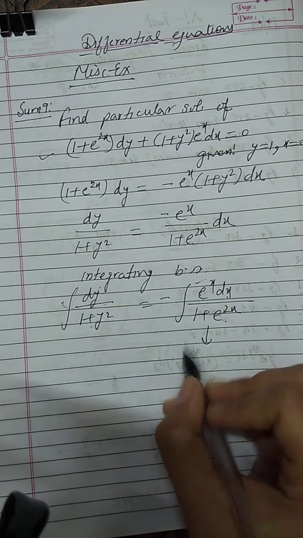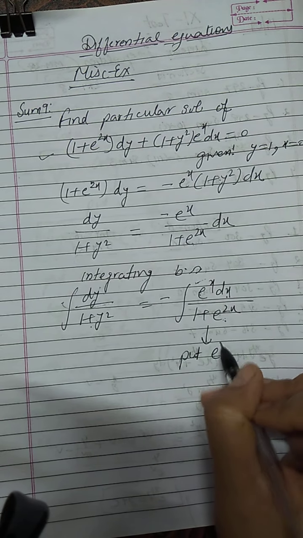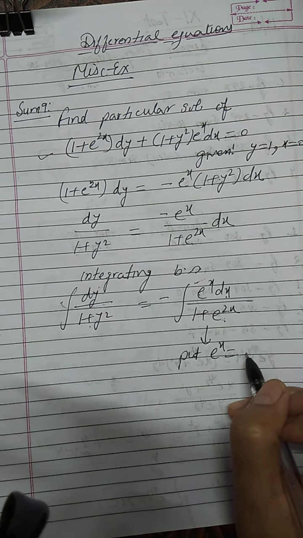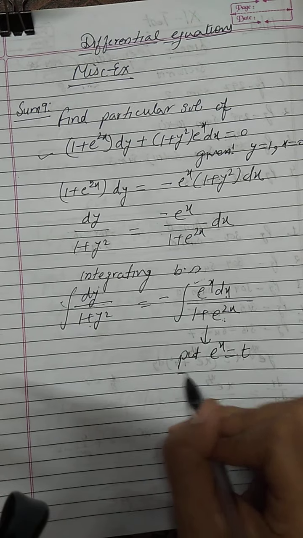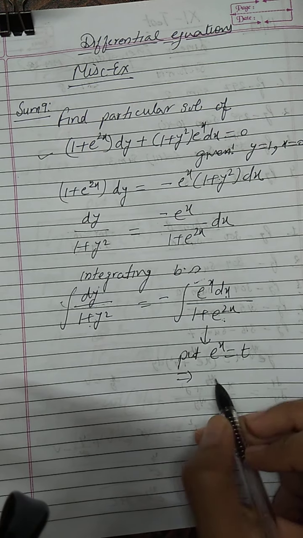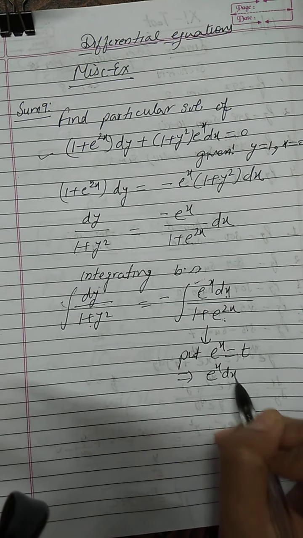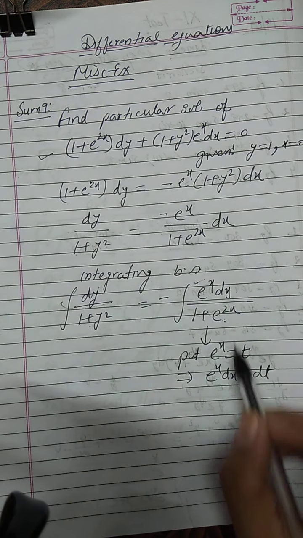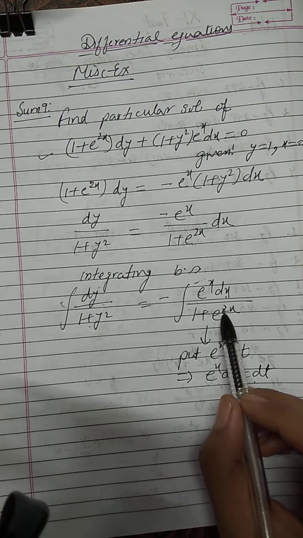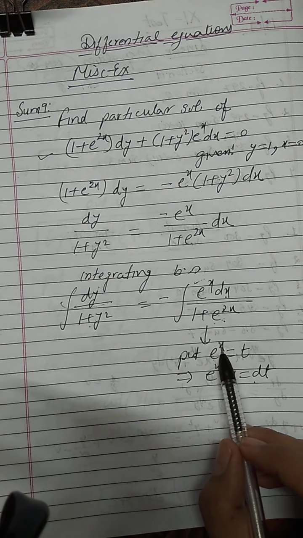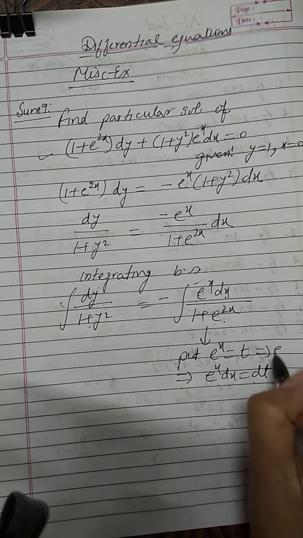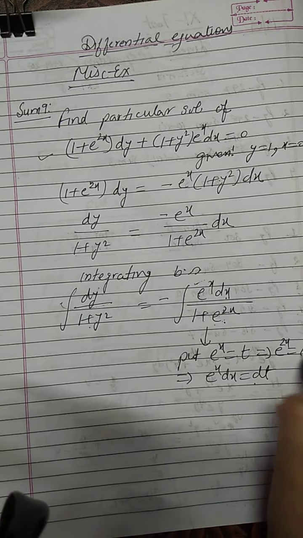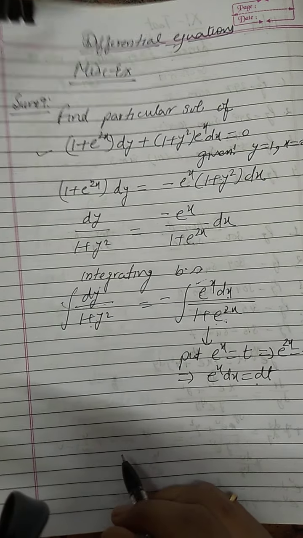In this integral, let me put e^x as some other variable, let it be t. The differentiation becomes e^x dx equals dt. So the whole e^x dx becomes dt, and if e^x is t, then e^(2x) becomes t^2.